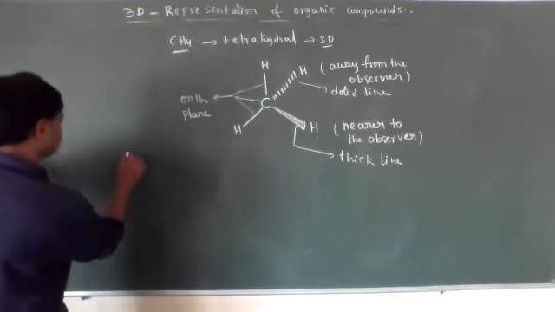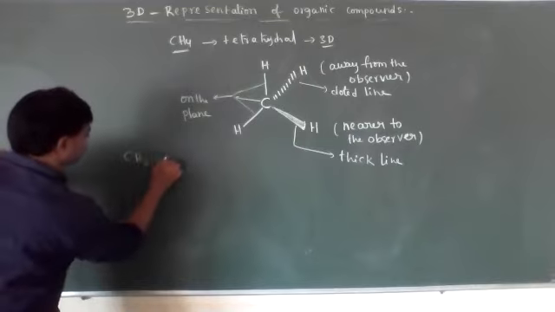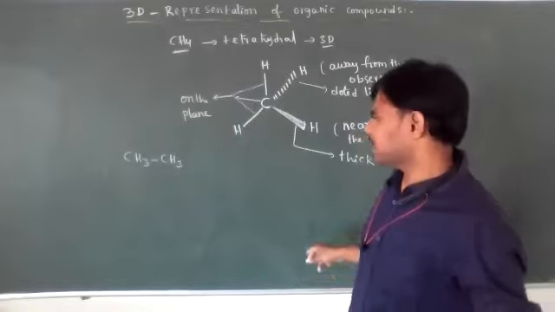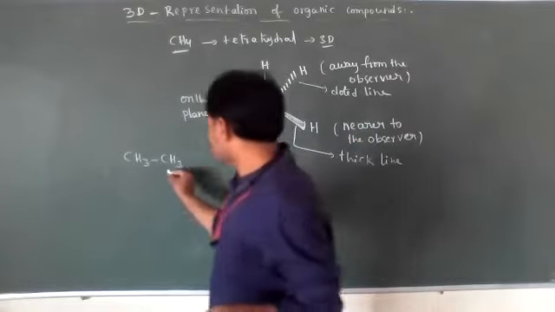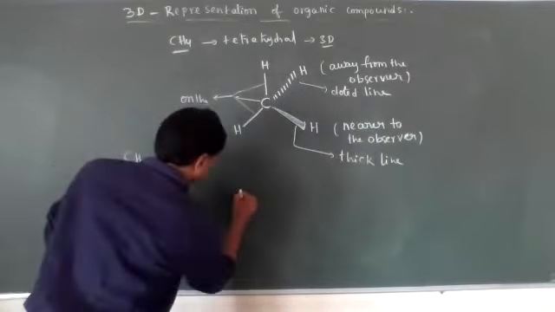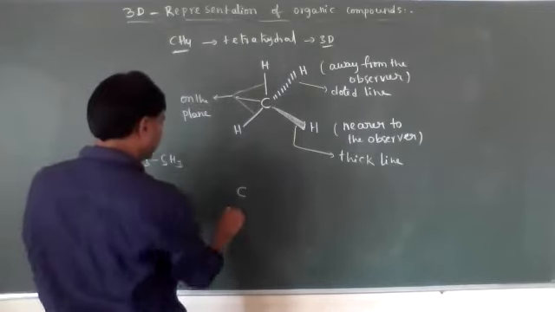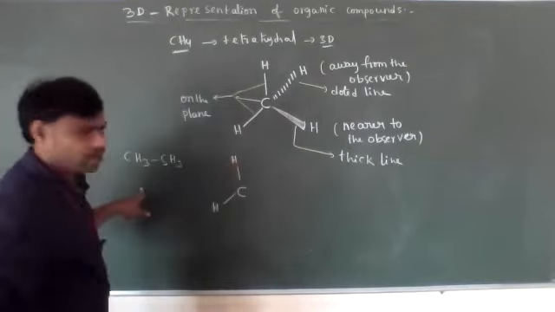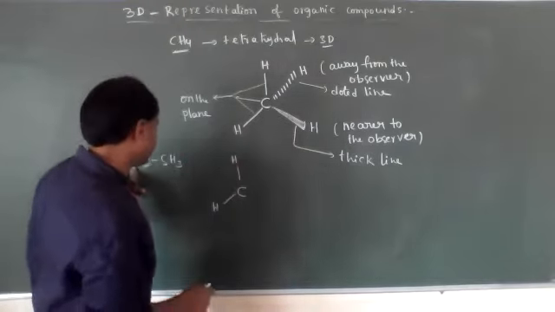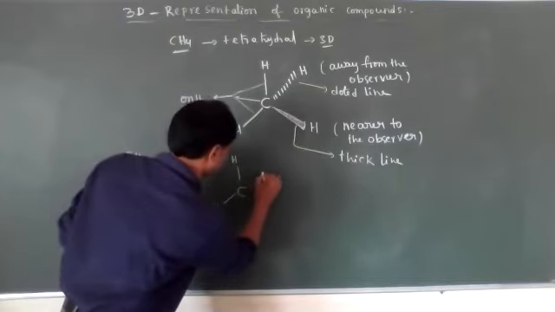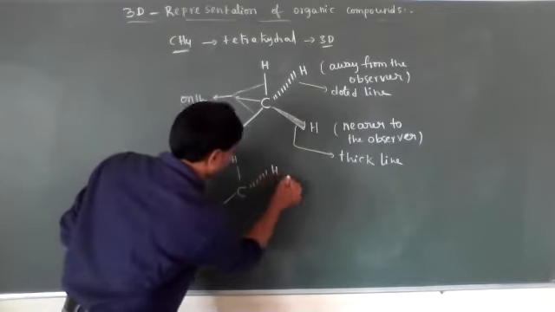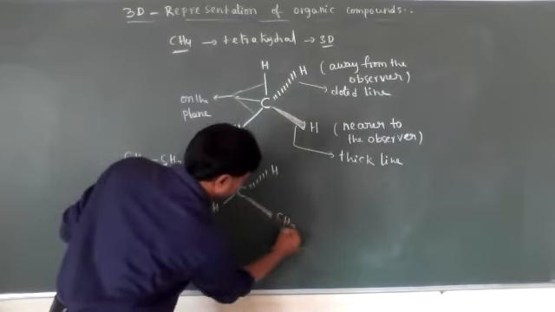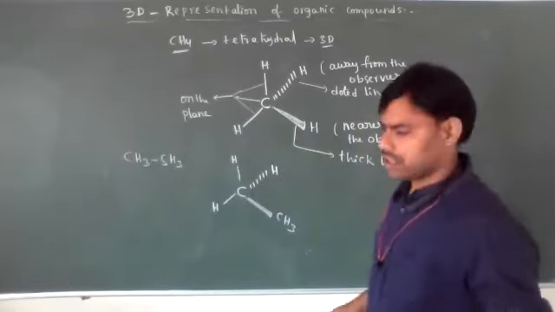For example, CH3-CH3 ethane is present. In that ethane, you write that one carbon atom and the remaining two hydrogen atoms are on the plane, and the remaining groups are hydrogen and CH3 groups.